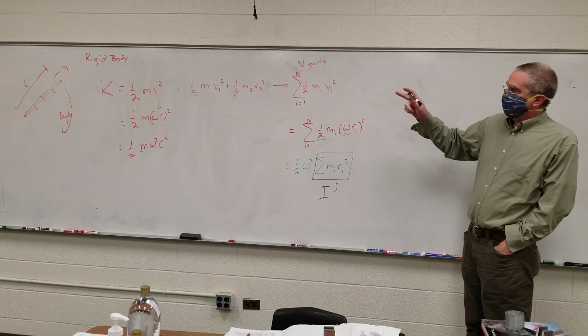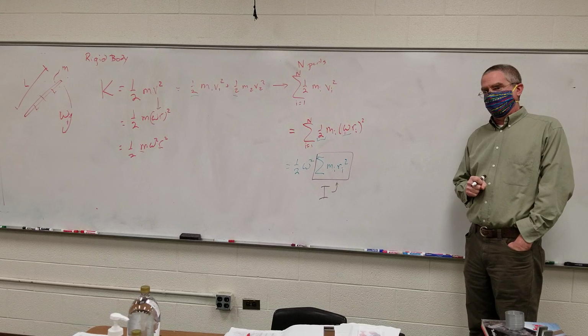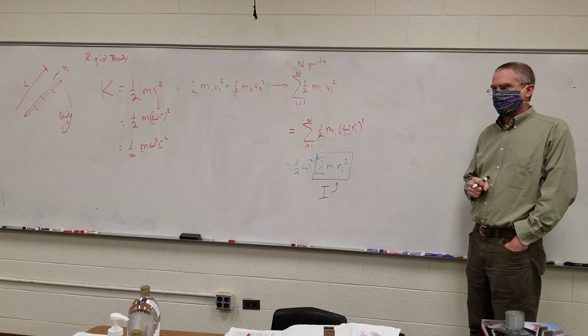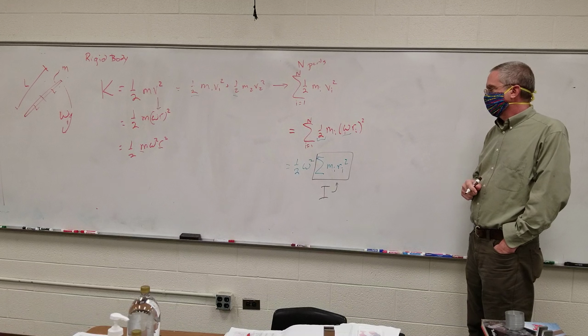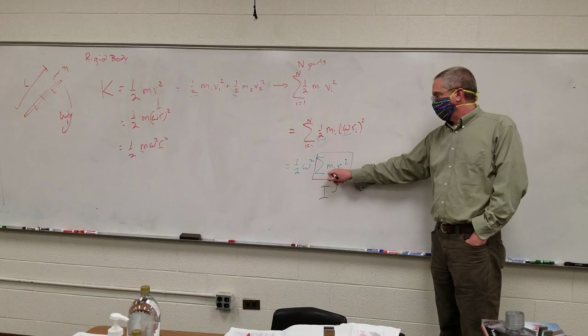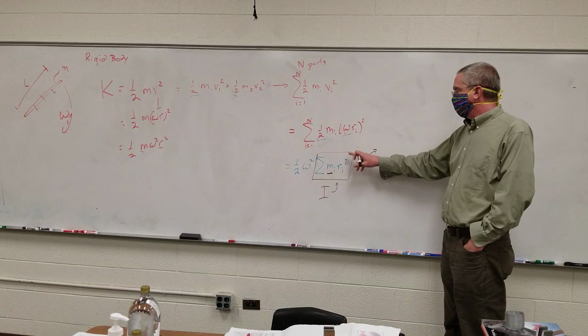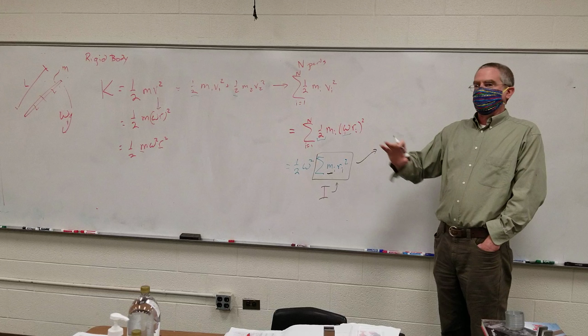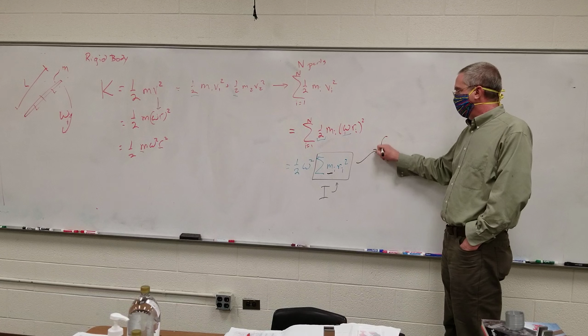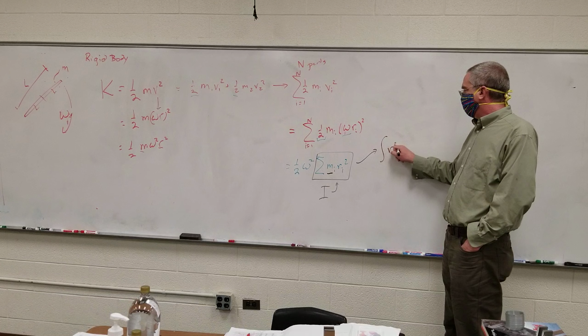If you take that piece and break it up into an infinite number of infinitesimally small pieces, in other words, this mass becomes infinitesimally small, what we have here, as a quick five-second aside, would be the integral of r squared dm.